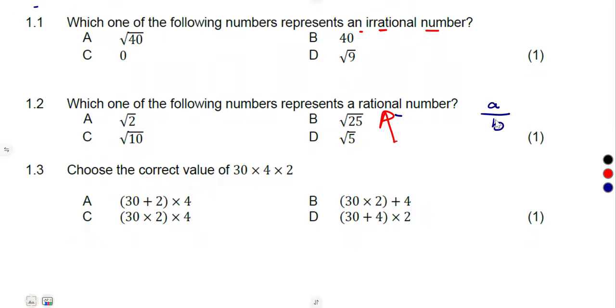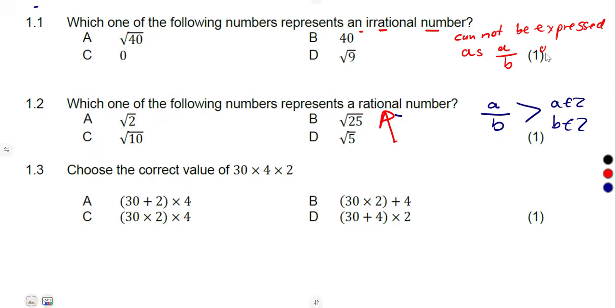That is a fraction made up of integers, a and b being integers. So when it is irrational, it cannot be expressed as a over b, where a and b are integers. It cannot be expressed in that format.